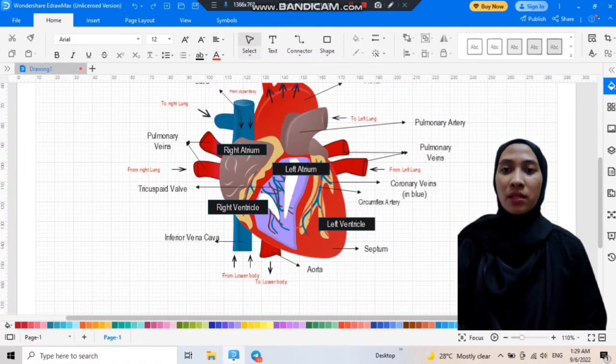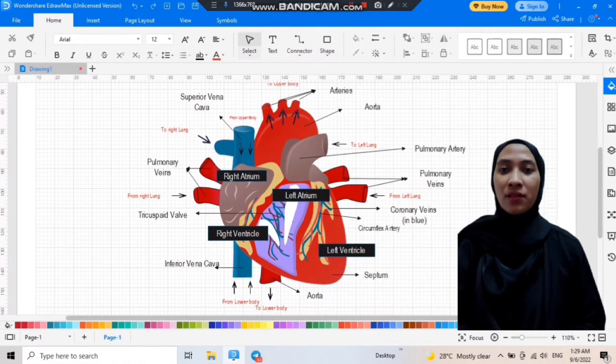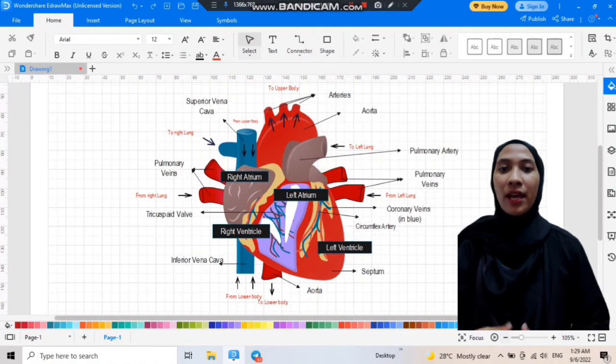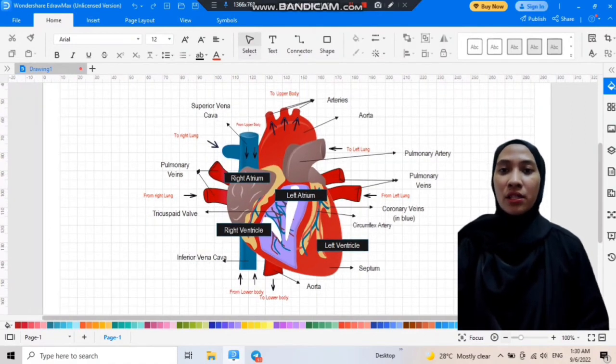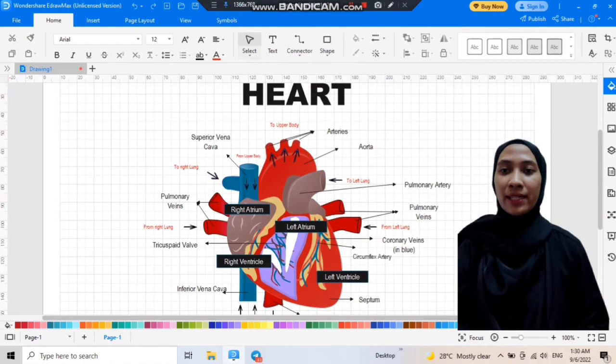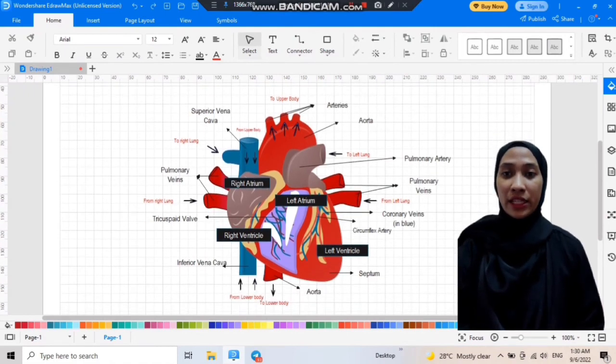A layer of muscular tissue called the septum divides our heart into the left and right sides. The heart wall has 3 layers: the endocardium, the inner layer; the myocardium, the muscular middle layer; and the epicardium, the protective outer layer.